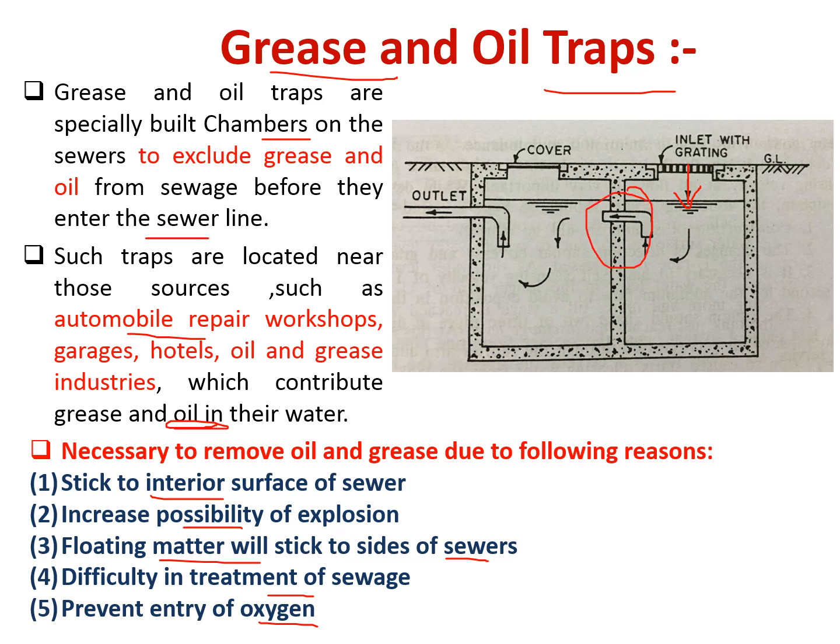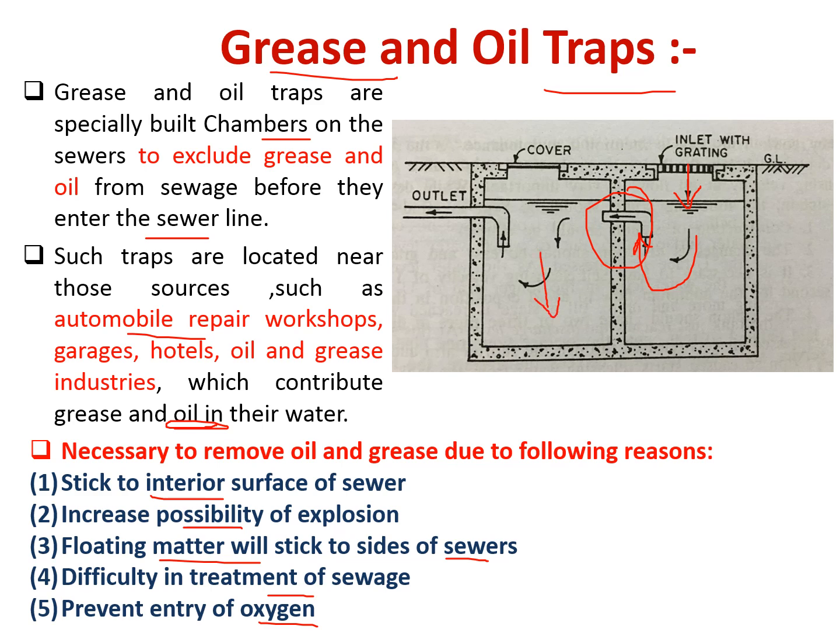So here you can see that this water is coming not from the top, but it is from the bottom. So the principle is that all the floating material will float above, and this oil and grease, they are having less specific gravity, they will float on the top surface, and it will not enter in this particular chamber. So from first particular chamber, it will move to next chamber.